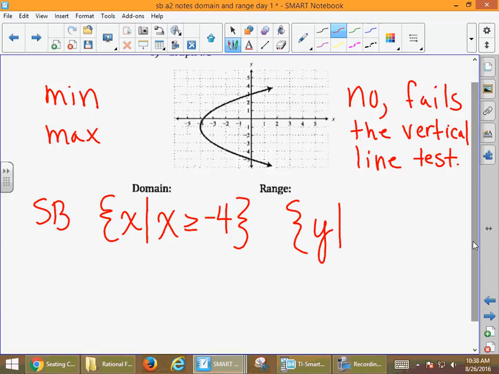And because of that, our range in this case is all real numbers. Y can be anything.